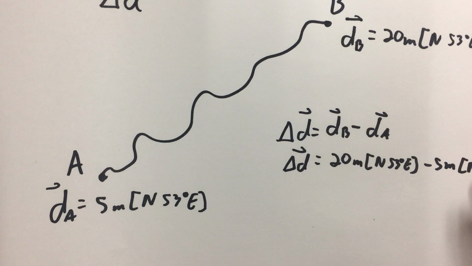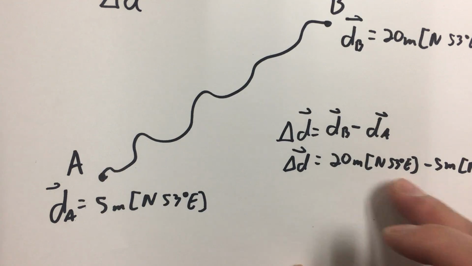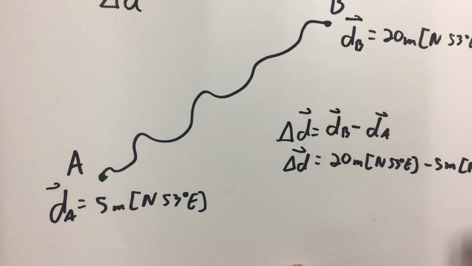That will not always be the case. As soon as those angles or directions are different, you have to do vector addition to do the subtraction. Technically it's vector subtraction, but you reverse the second vector and you add them.